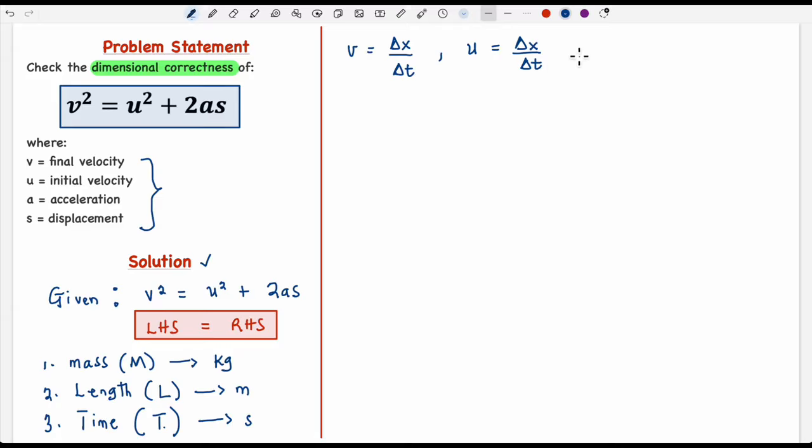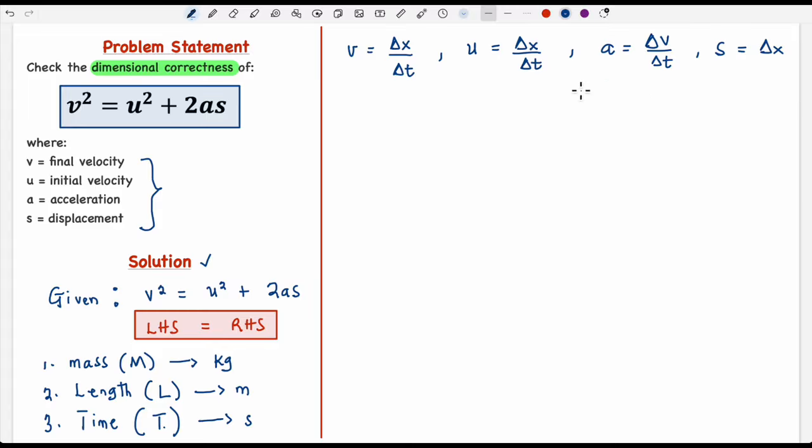And then we have another quantity, which is a, acceleration. Acceleration from first principles is defined as the change in velocity with respect to time. So delta v divided by delta t, and then s, which is defined here as displacement. So let's call that delta x. So these are the four quantities that we have in this equation.